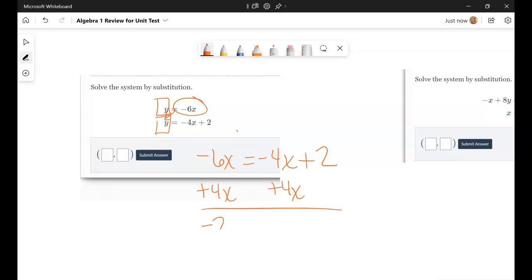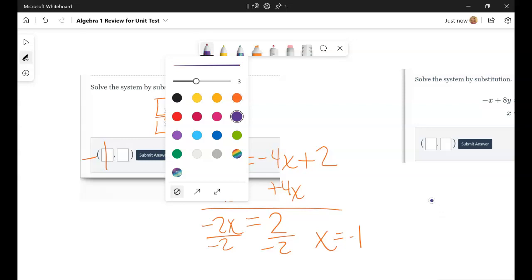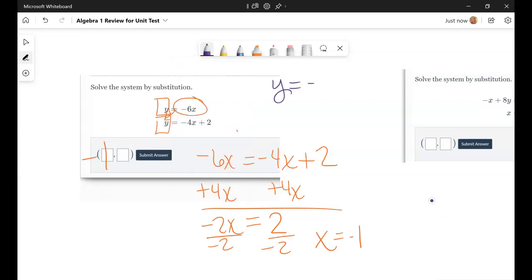So that's going to be negative 2x is equal to 2. Divide by negative 2. What is x? Negative 1. So there we go. What is the y value going to be? Got to put that negative 1 in place of that x. That negative 1 goes right there. Negative 6 times negative 1 is 6. Questions? Good?